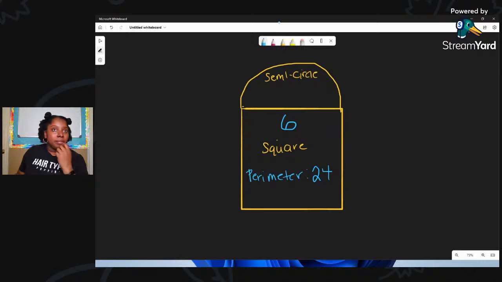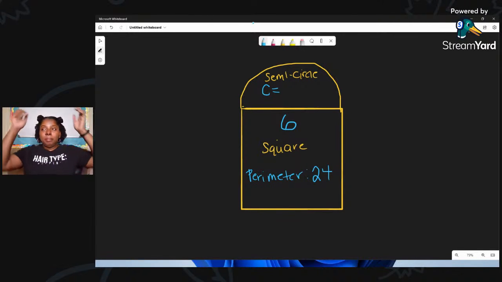Tell me which one I have. Diameter or radius? Good. So I have the diameter of the circle. So tell me what I'm going to do to find the circumference. Type in the chat what you're going to do for the circumference.